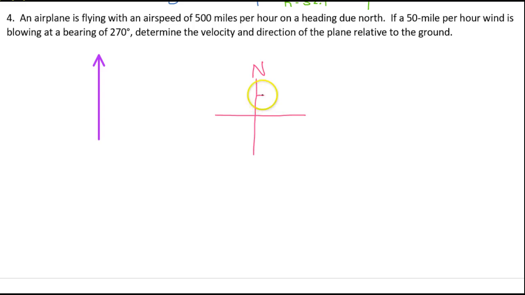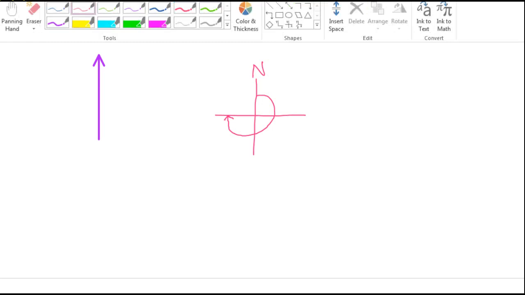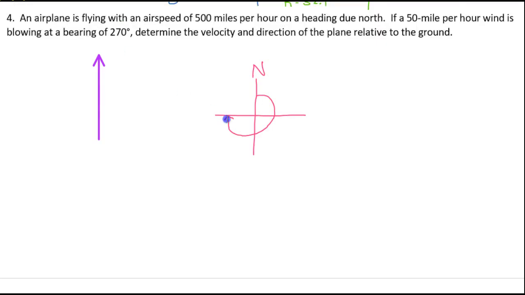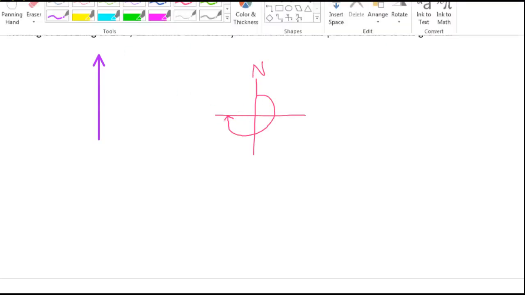If I go clockwise, I need to go 270 degrees, and then that will tell me the direction that I'm going. Okay, so this is what 270 degrees looks like if I measure it from north. So that means that the wind is blowing in this direction.